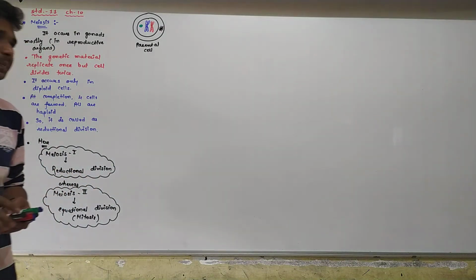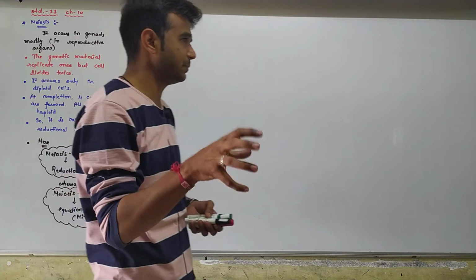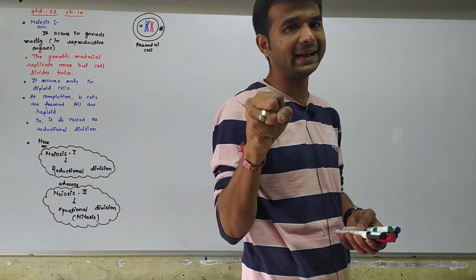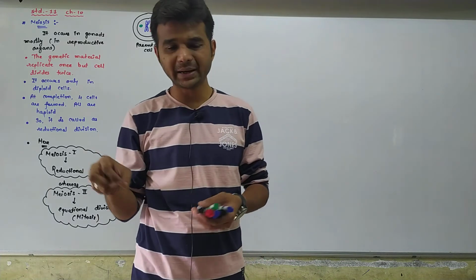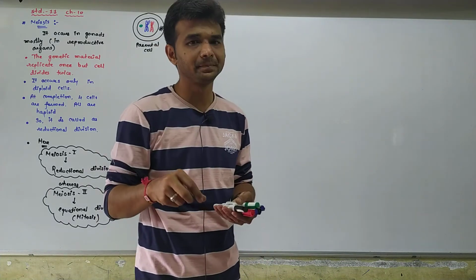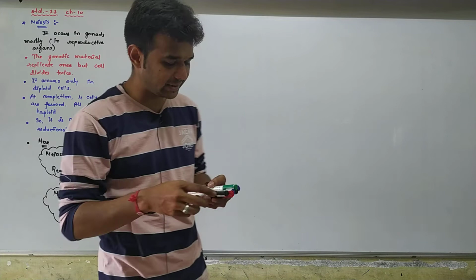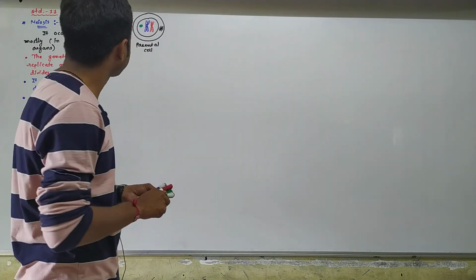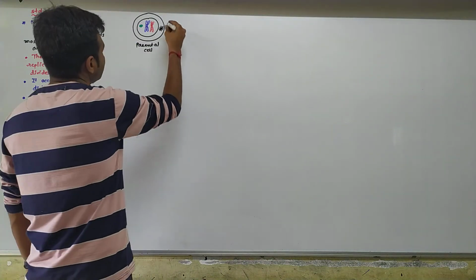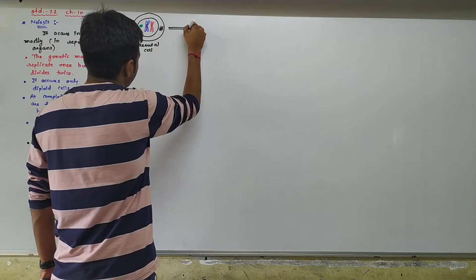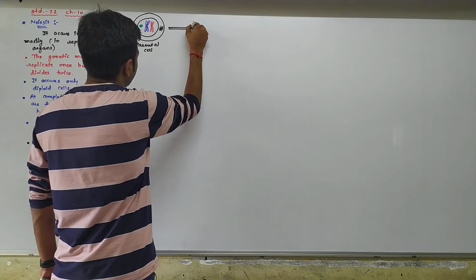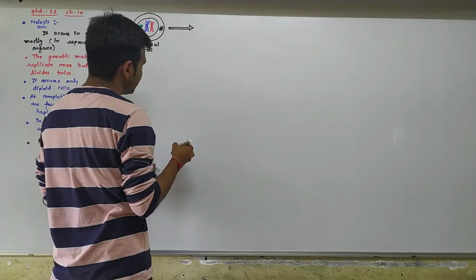Now understand it properly, and if there are major important points, I can write them at the bottom of the diagram and give the labeling of that particular stage in the cell. Fine. So now this parental cell enters the interphase stage.